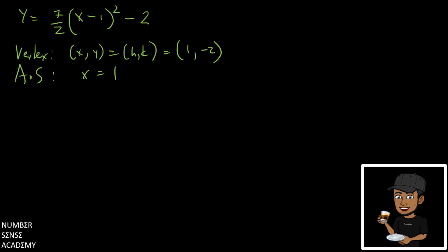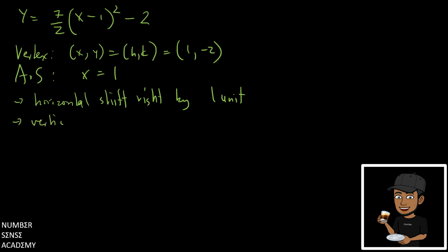Okay, so the graph is going to be equal on either side at 1. So what else do we have? We know h is 1. So that means we have a horizontal shift right by 1 unit. We have a vertical shift down by 2 units.